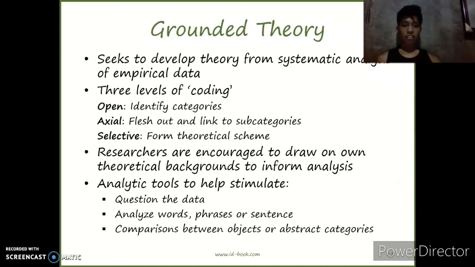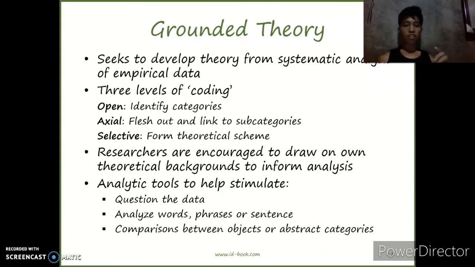Grounded theory seeks to develop theory from systematic analysis of empirical data. The three levels of coding are open, axial, and selective. Open coding identifies the categories. Axial coding fleshes out the categories and links them to subcategories.